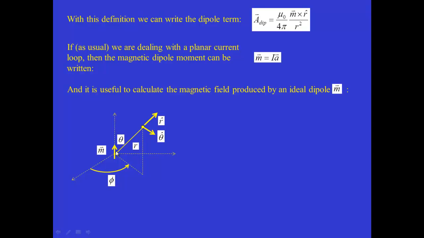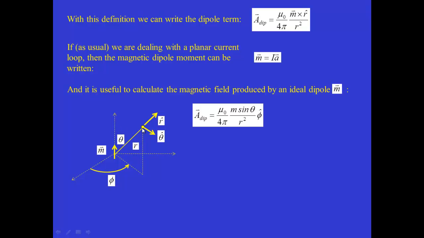So what we're going to do is take a point in space, which is at coordinates in spherical coordinates r, theta, and phi, and at that point we will calculate the magnetic field from a dipole. So first of all, we can take m cross r hat. Right here is the m vector along the z-axis. R hat is along the radial direction, and the cross product of those two is the magnitude of m times the magnitude of r hat, that's just 1, times the sine of the angle, right?